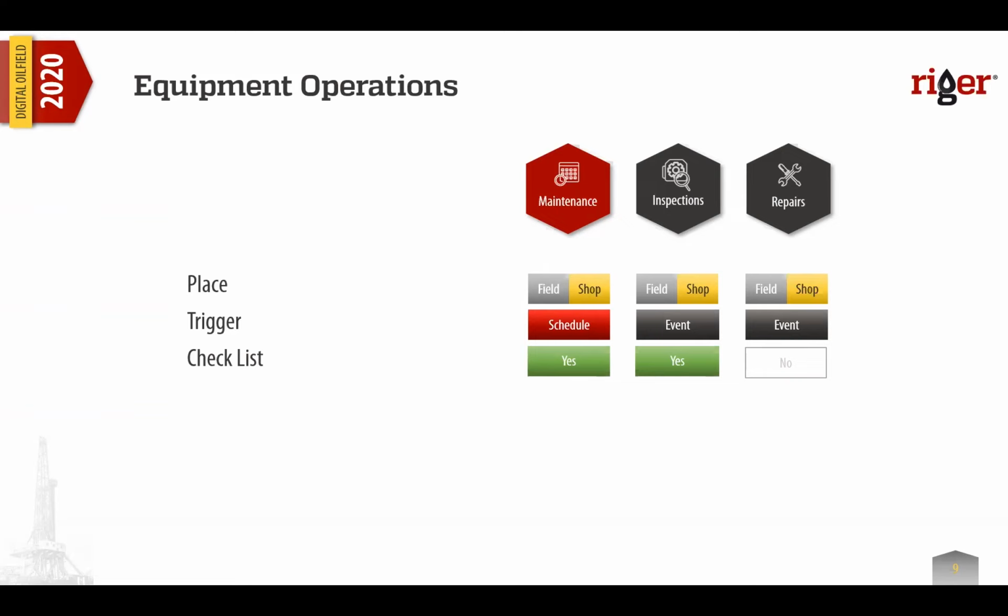In this case, maintenance and inspection are very, very close to each other. However, repairs do not have a checklist. And in this case, repairs and inspection usually come together. So it could be inspection, and after the inspection, we have repairs. And after the repairs, we can have inspections as well.